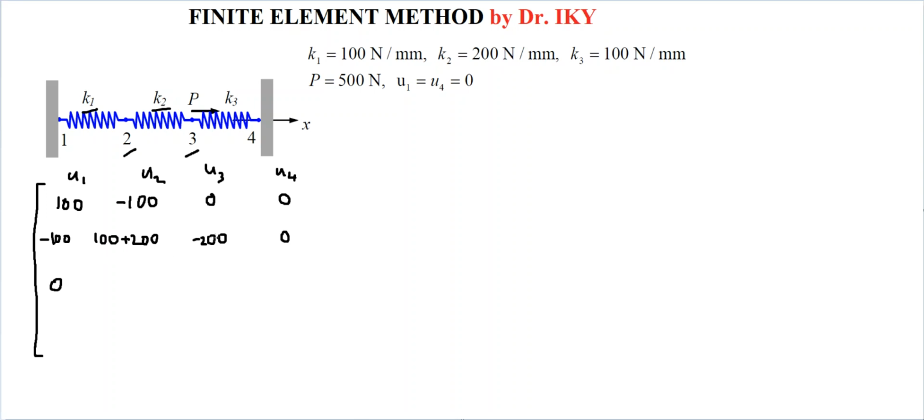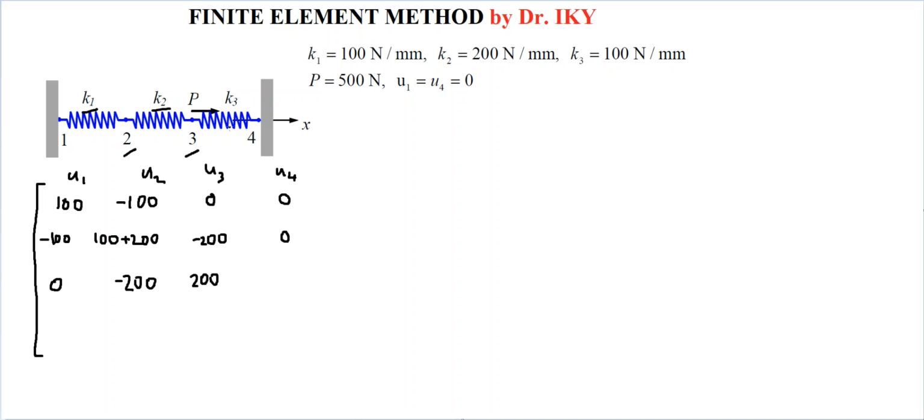It is going to start with again what? Minus 200. Minus 200. And this will be 200, but this time we are writing for node 3, and there is a connection with node 4, with element 3.